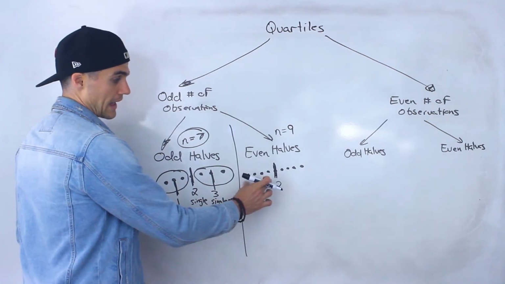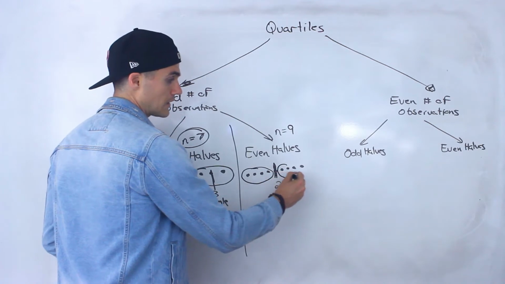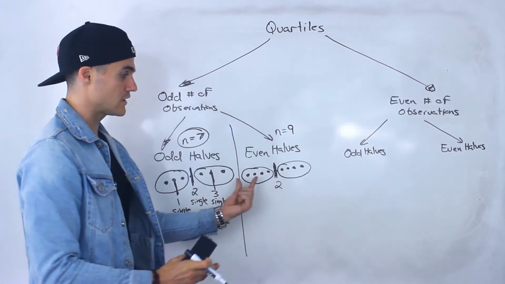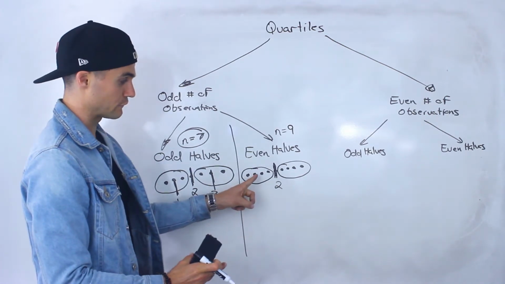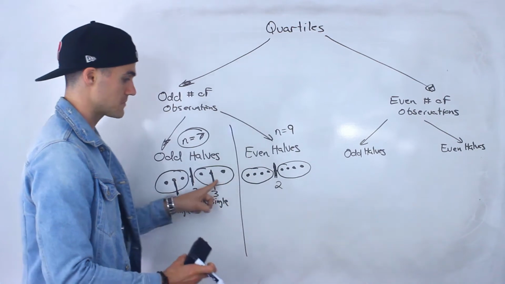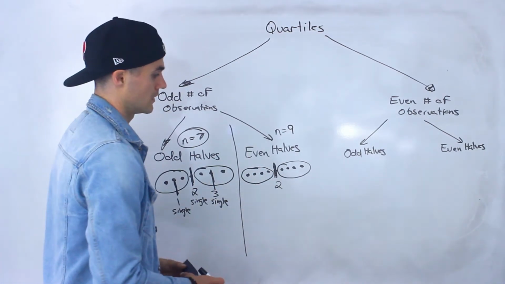And notice now that the remaining data on that first half and the remaining data on that second half, both of those have an even number of observations. So notice we'll have 4 here and then 4 over here. These numbers will always be equal. It's just sometimes they'll be odd, sometimes they'll be even.